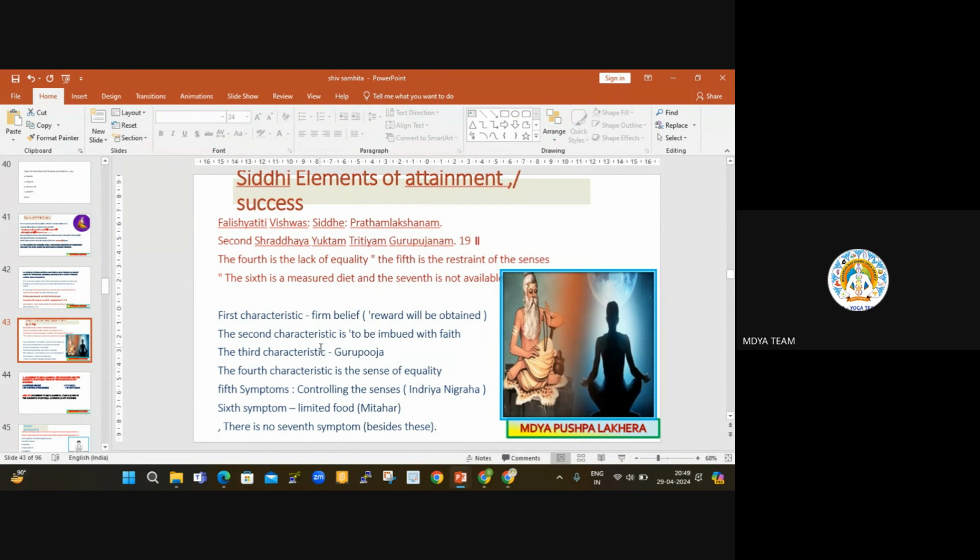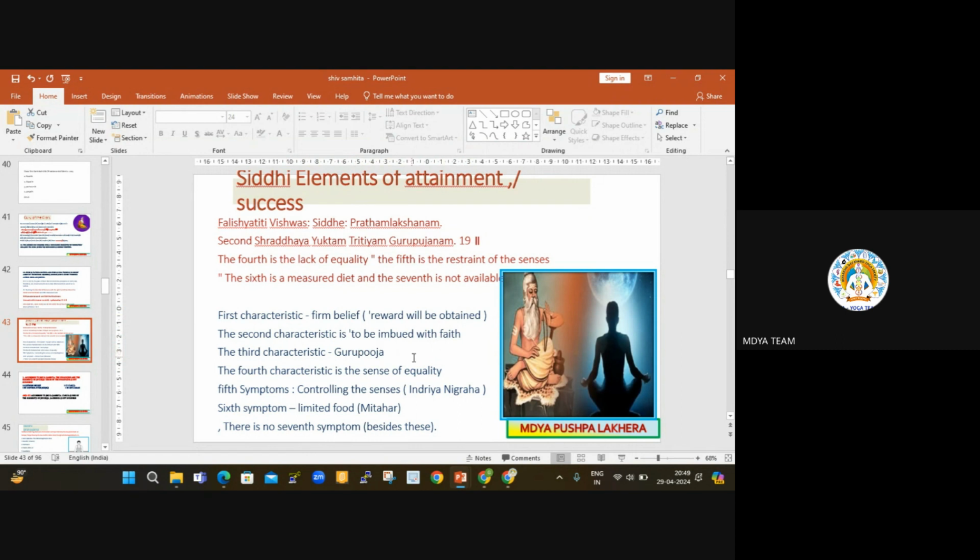The second characteristic is having faith in it. Whatever you are thinking, you have faith in the guru and also in yourself, that I can do it. The third thing is always respect your guru. That is the guru puja.